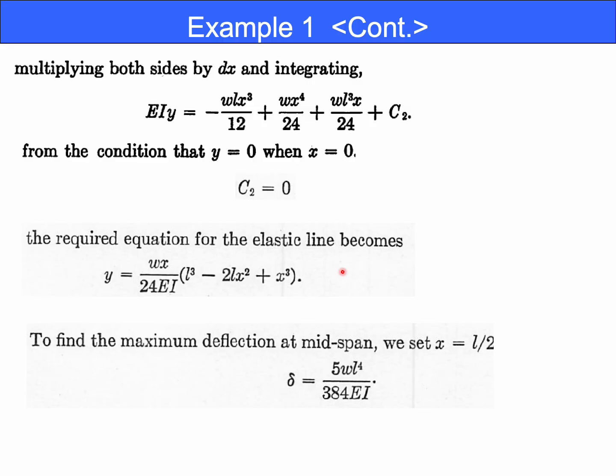In this case, the problem was symmetric, therefore we are able to use the condition at the midpoint, midspan. That is the flow of solving deflection of beam problems.